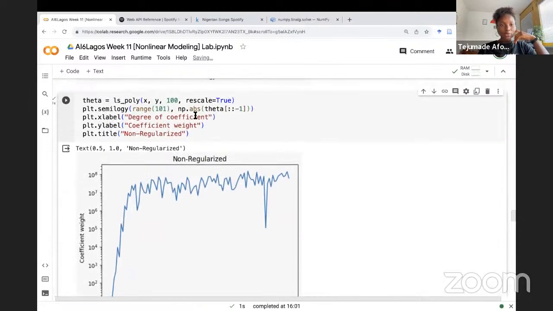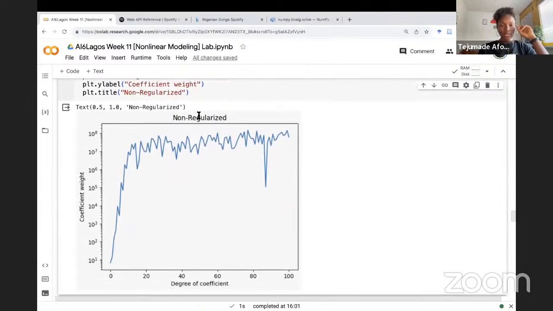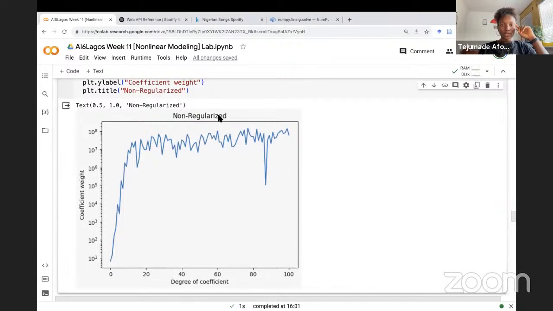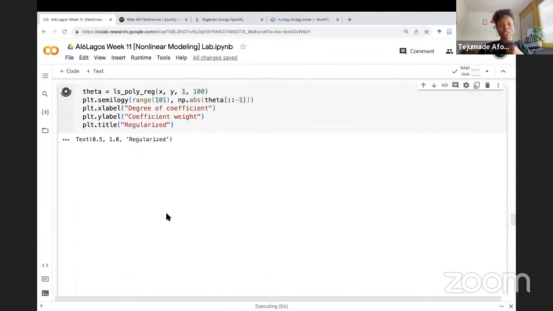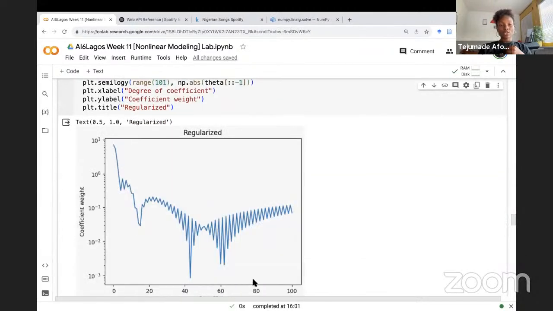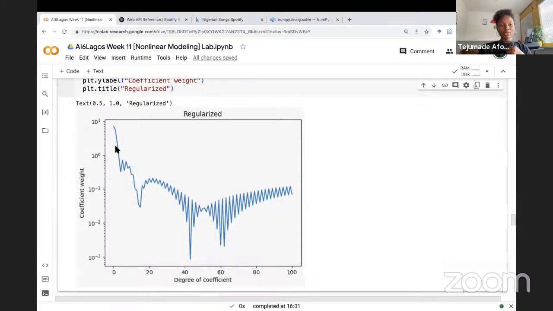As we talked about the coefficients in class, for the non-regularized weights, as you increase the order of the polynomial, the weights keep increasing. But once you regularize it, say you choose a lambda of 1, then as you increase the order of the polynomial, the weights do not get larger.